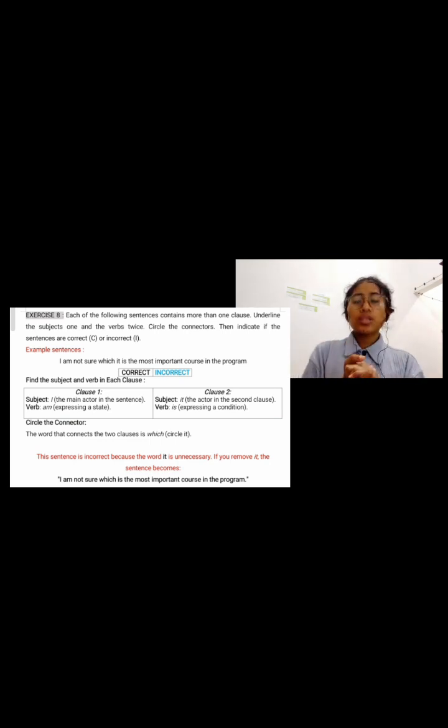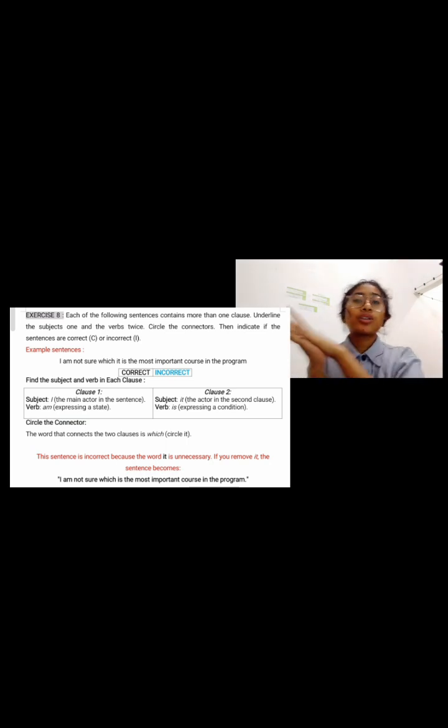In the first clause, the subject is I and the verb is am. The second clause is which it is the most important course in the program. In this clause, there is no subject. The word it must be omitted because in this sentence, which functions as a connector that introduces a noun clause, and it only has the verb is and which as connector.